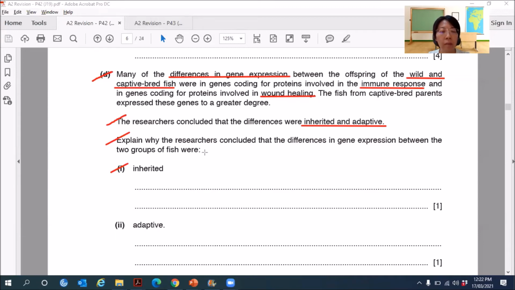So natural selection, remember, we say that you've got a group of population subjected to the selection pressure from the environment, okay?